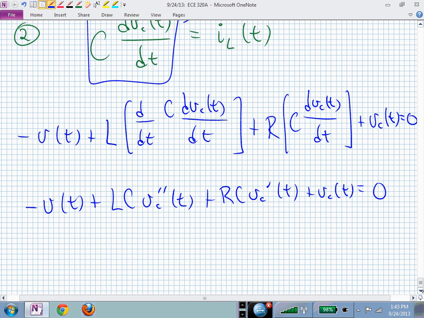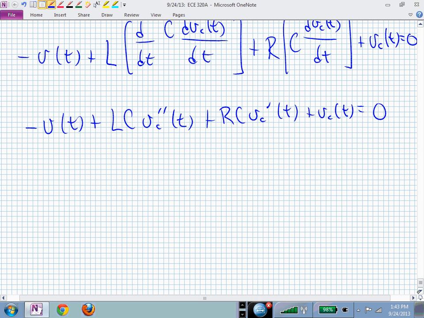Or if I wanted to make that look a little bit more like the standard second order differential equation, I could normalize it, make it a monic equation by normalizing the coefficient of the highest derivative to 1. I can divide everything by LC.